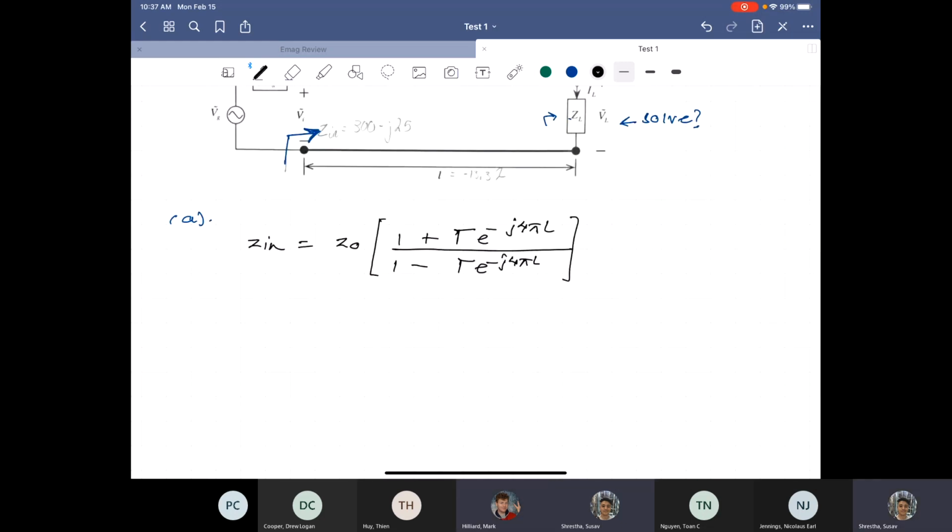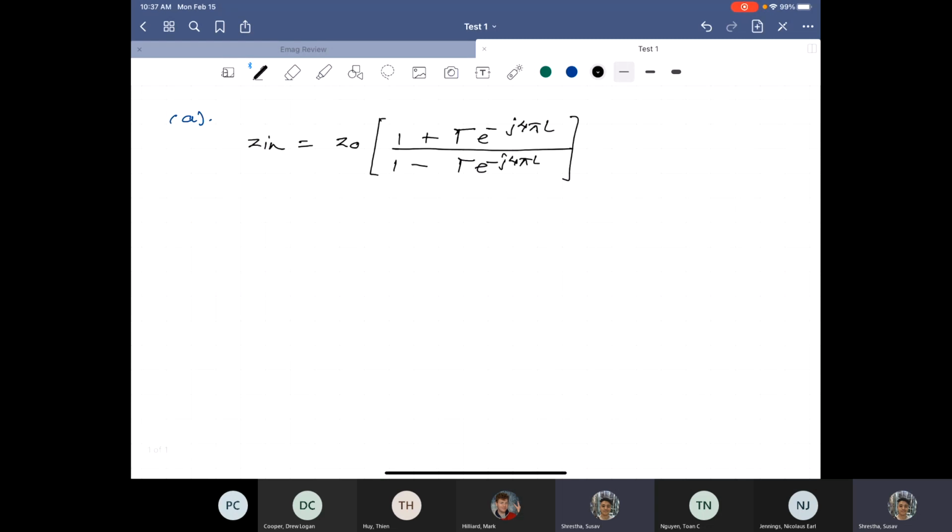I think you can either use this, or we could also use the other formula that we have for the input impedance, which is the one that's fairly easy to remember.